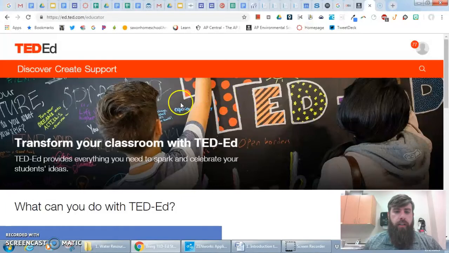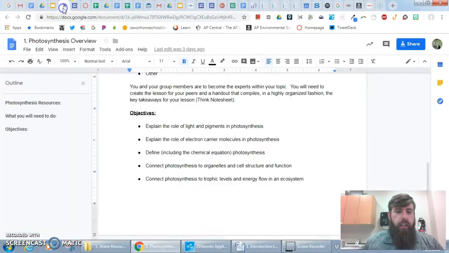Going back to that document, with the objectives, these are the things that you really need to focus on. Each one of the documents has this set of objectives. I do want to point out that you are going to see that there's interconnectedness between all three of these areas.